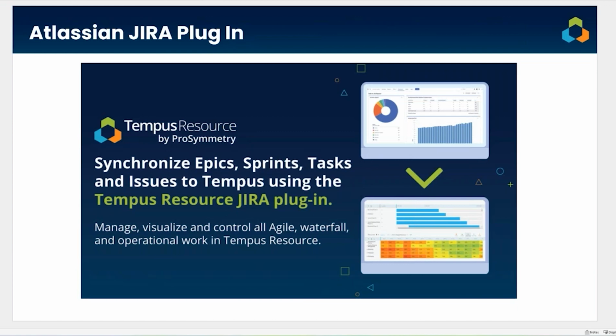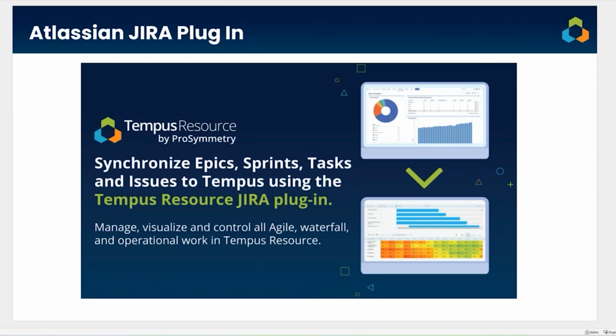Until now, that process involved navigating to Tempus data sync using our inbuilt Jira connector and initiating more of a data pull from within Tempus. That process wasn't as seamless as it could have been and could sometimes feel a little complex.